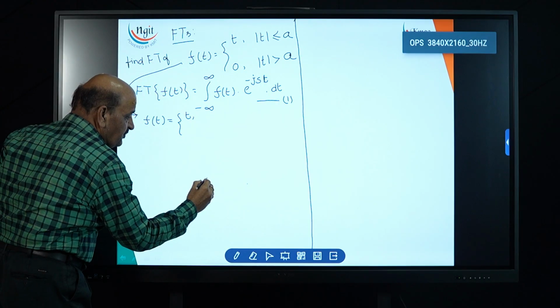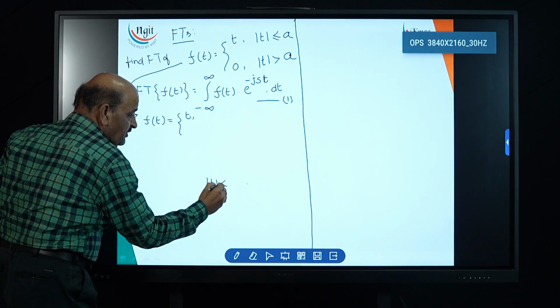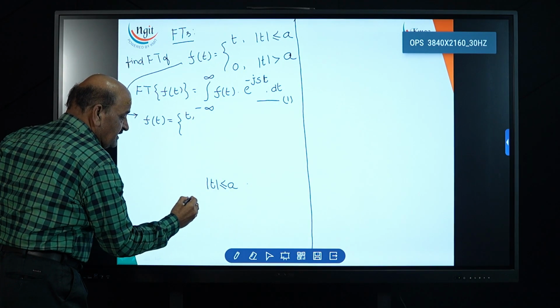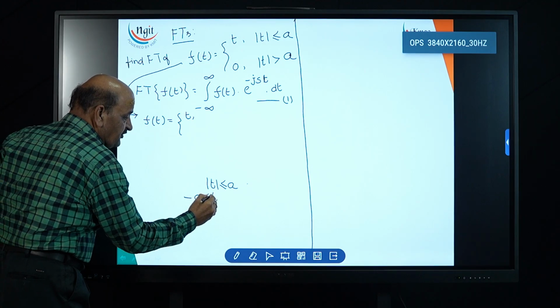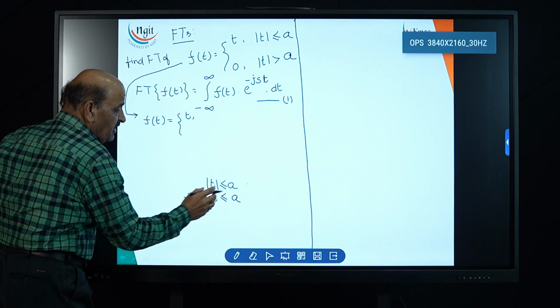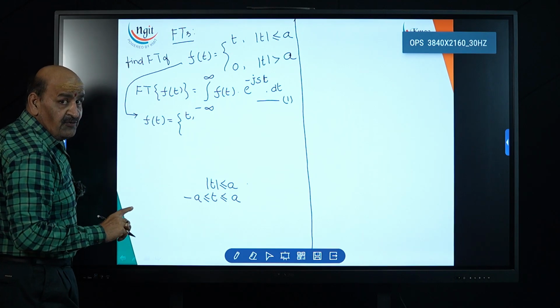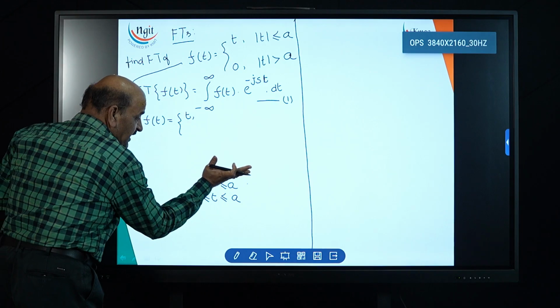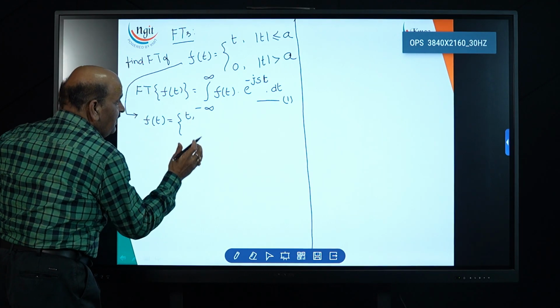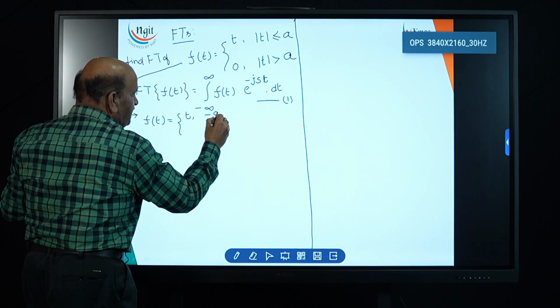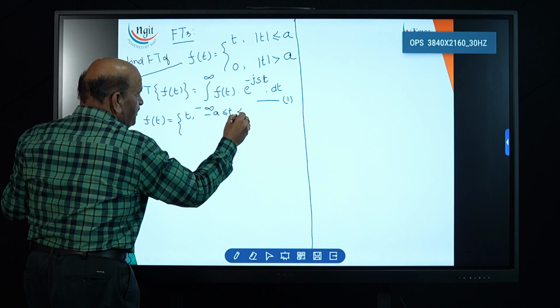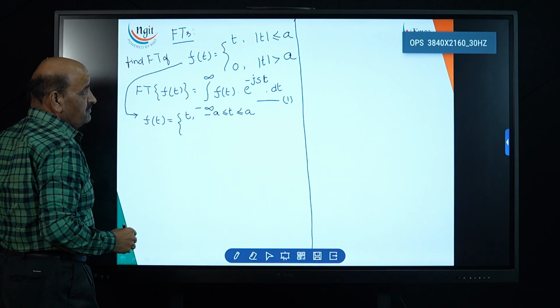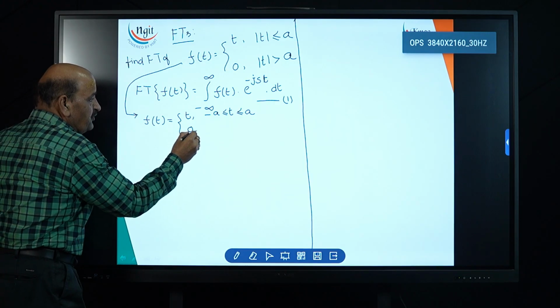Here, mod t less than or equal to a means minus a is less than or equal to t is less than or equal to a. That is the meaning of the modulus of a variable or a function. Therefore, we are applying the same thing here. So here, minus a is less than or equal to t is less than or equal to a, and outside it the value is 0.